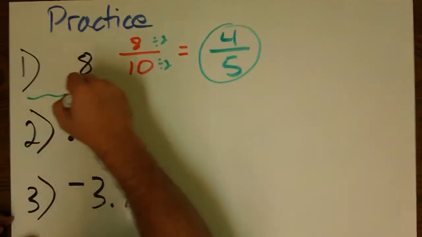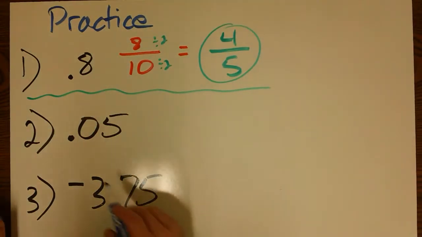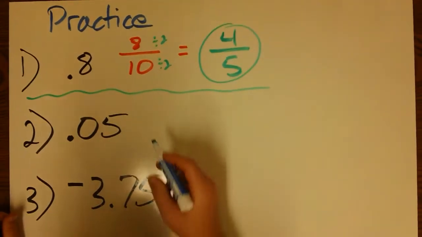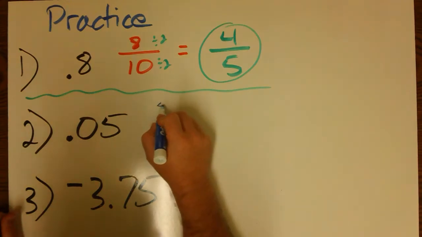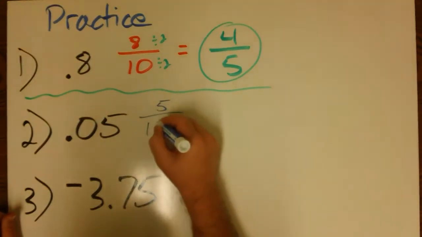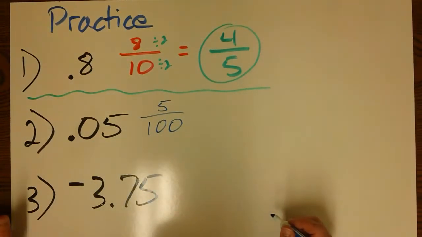All right, let's look at practice problem number 2, 0.05. Now, the 5 is in the 100ths place. We don't have to write the 0 in front of the 5. What we have is a value of 5, but it's 5 over 100 because 5 is in the 100ths place.